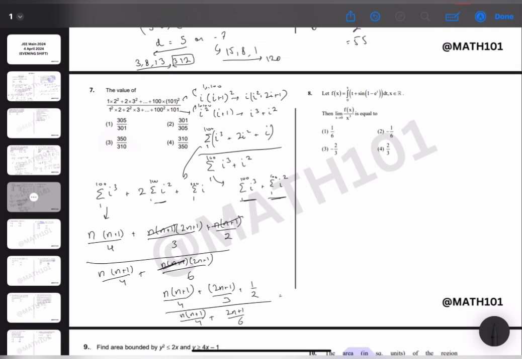This is equal to 100 into 101 by 4, that is 25 into 101, plus 201 by 3, which is 67, plus 1 by 2, upon 25 plus 67 by 2.